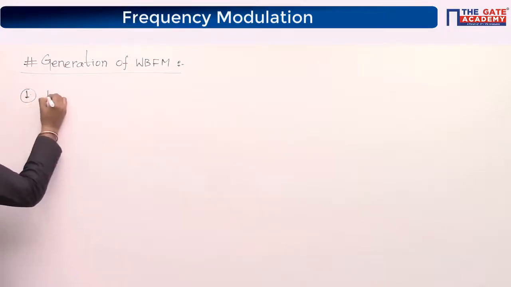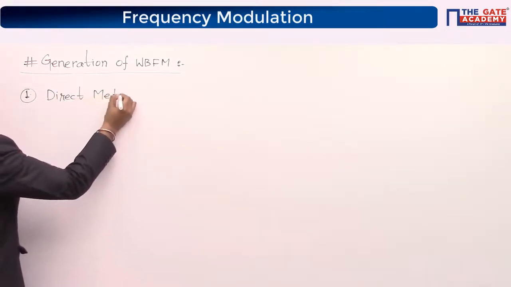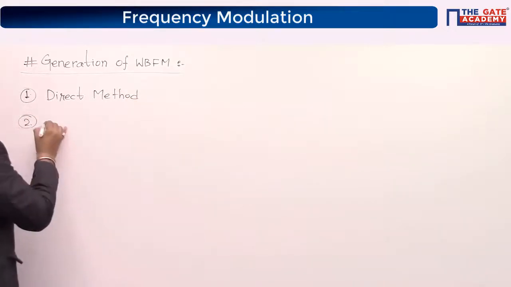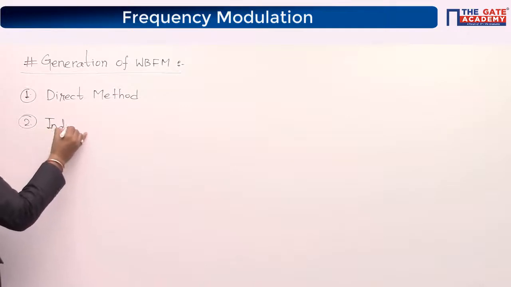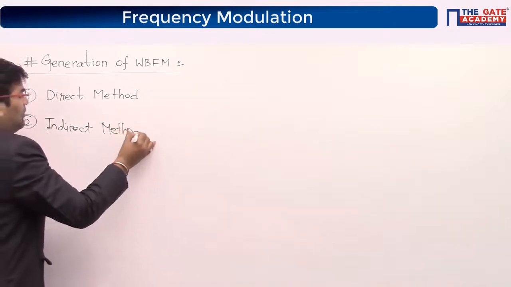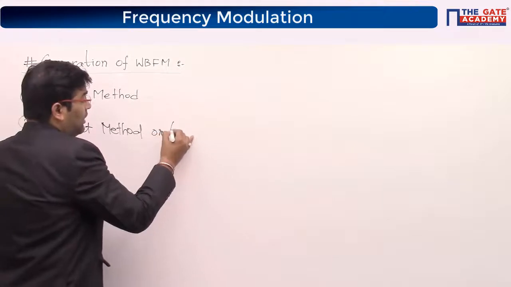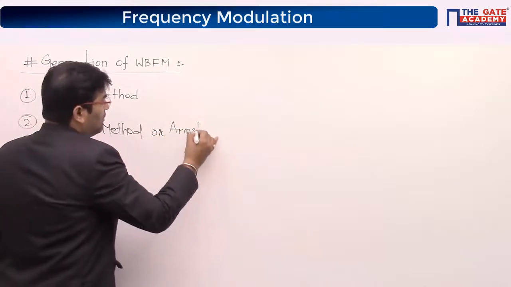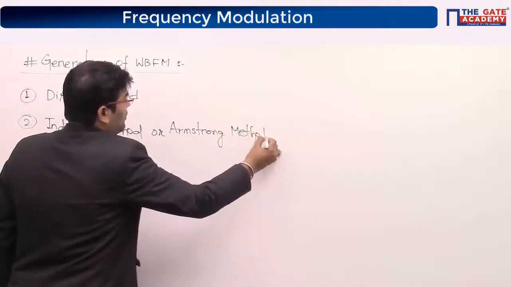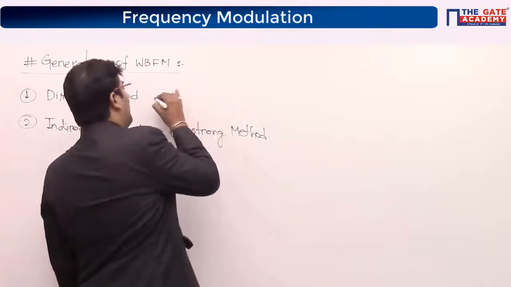First method we call the direct method, and the second method is the indirect method, and it is also known as the Armstrong method. This method is widely used.